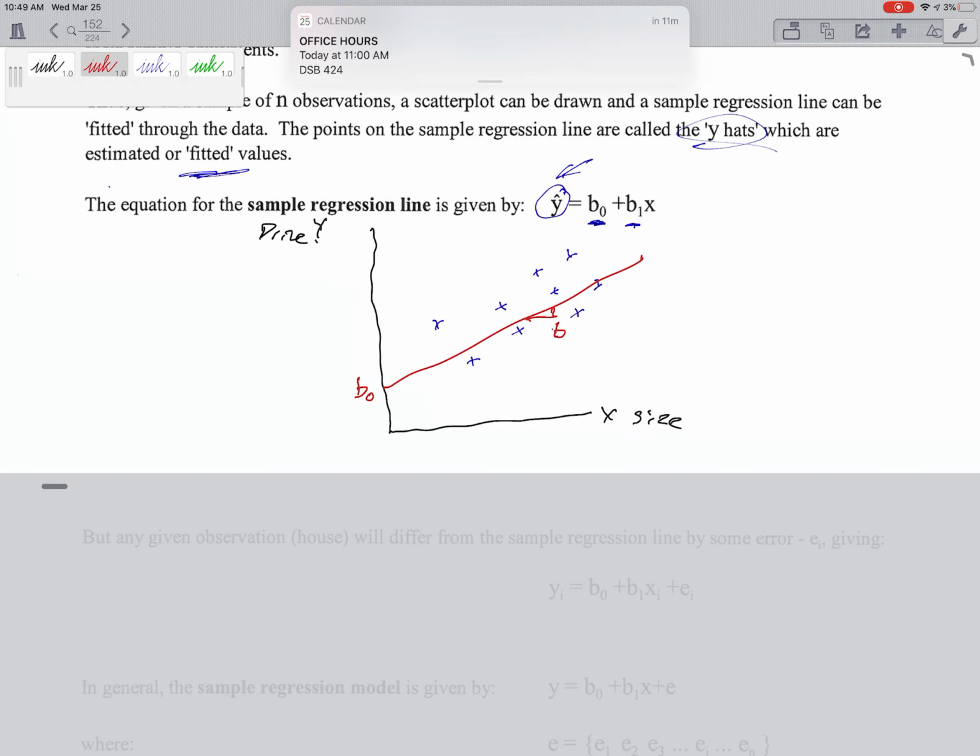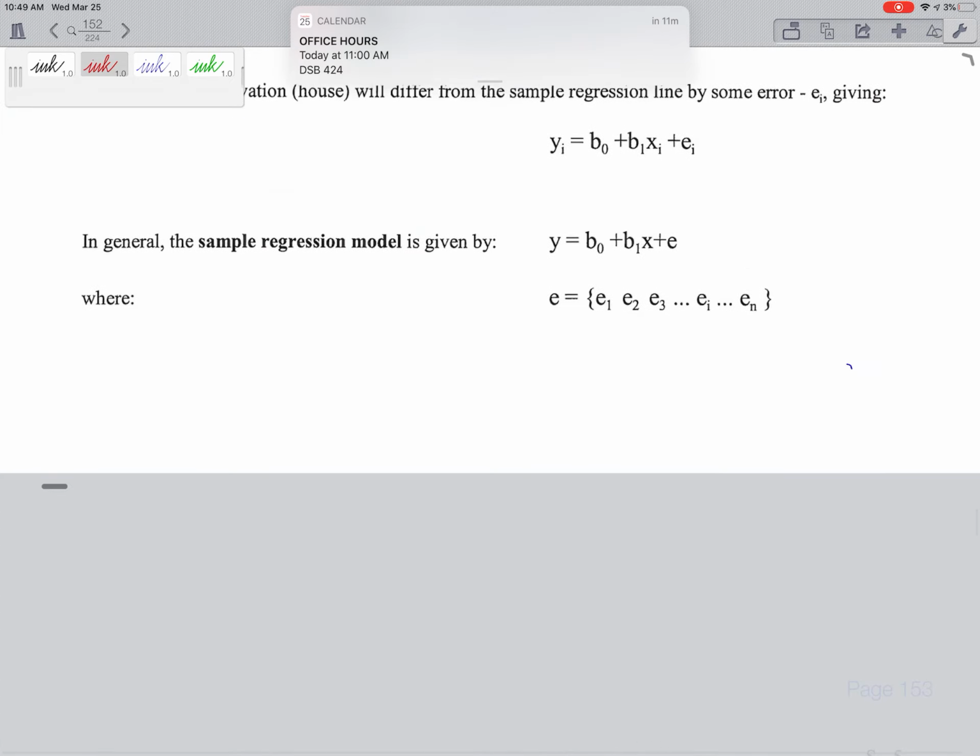There would be an intercept. There would be a slope. And the points on the line are the y hats, or the fitted values, equal to b0 plus b1 x. All right?